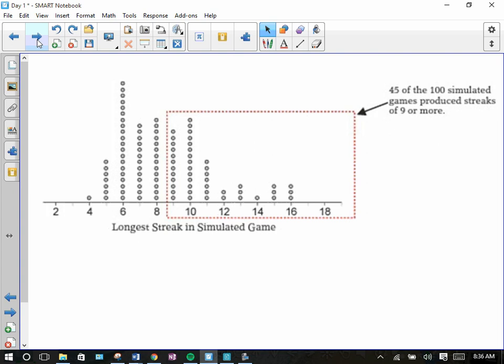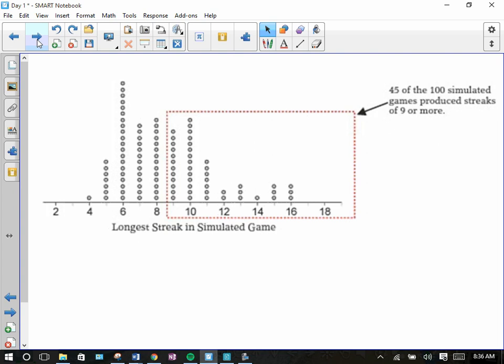So, here's the thing. We got our dot plot. We're ignoring this red box so far because this is sort of the results. Now, remember, Eric, can you remind us, what would we do? We have our dot plot, and at this point, what do we need to do to start drawing our conclusions on the dot plot? What value do we need to locate? Eric, you did it correctly on your investigation.